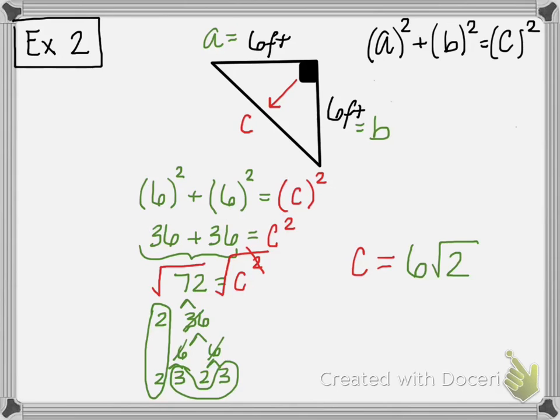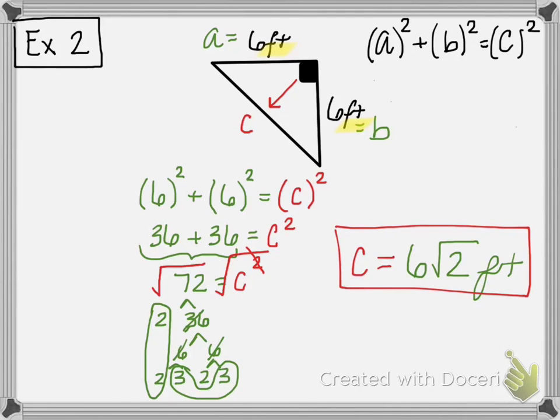So that's my 72 broken down into 6 radical 2. And then don't forget, we need our labels. So because they gave us feet and feet, we need to have feet in our final answer. So my total for side C is 6 radical 2 feet. You always want to break down your answer to as simplified as it can be.